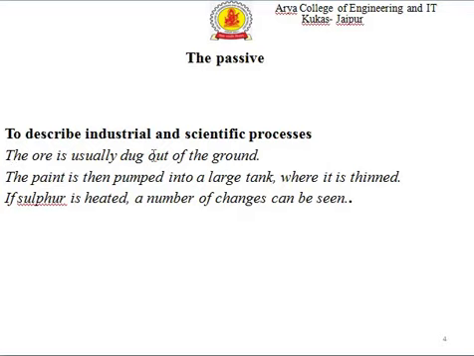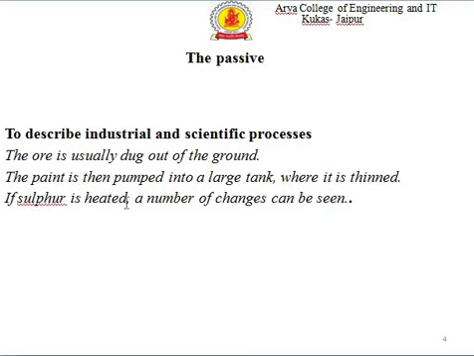The ore is usually dug out. So is dug, it's passive. The statement is a scientific idea. The paint is then pumped into a large tank, where it is thinned. So these are two clauses: the paint is then pumped and it is thinned. Both are processes.